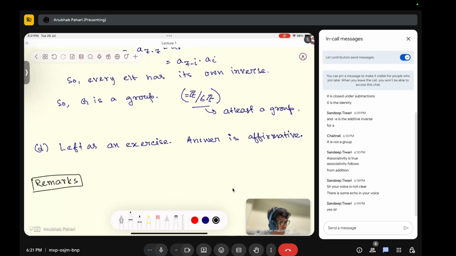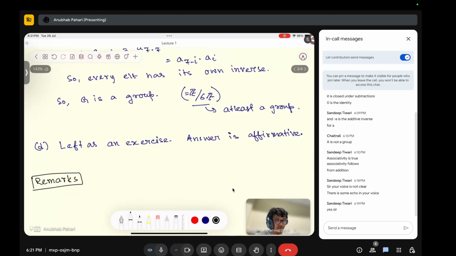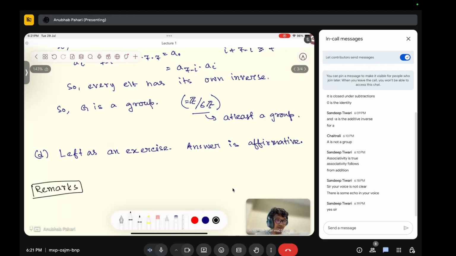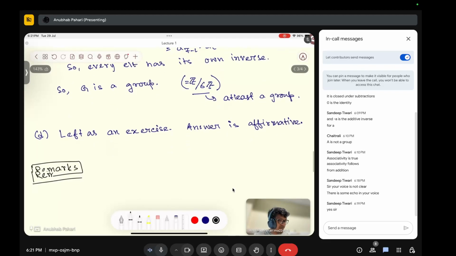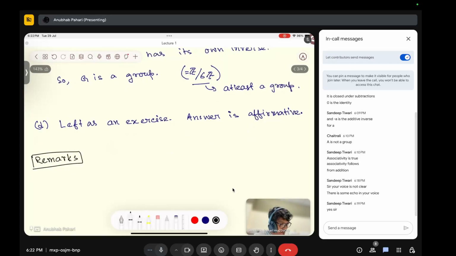So if you have not been introduced to what is an abelian group, you will be later. So let me just tell you. Let G be a group. G is said to be an abelian group.